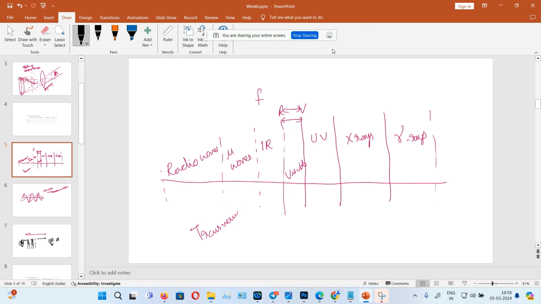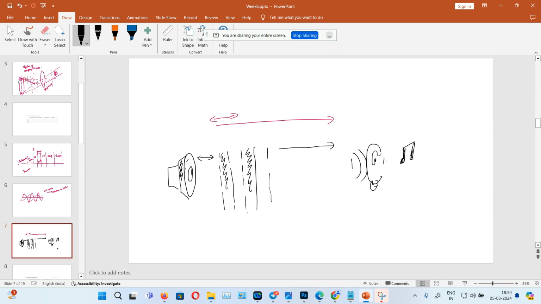Similarly, if there is a sound wave, here also there is our audibility range. Beyond a particular frequency we cannot hear, and below some particular frequency we also cannot hear. That range is between 20 hertz to 20 kilohertz frequency.